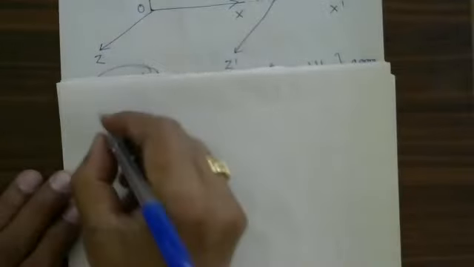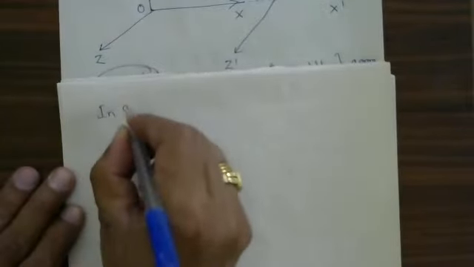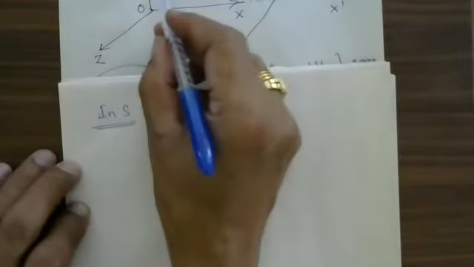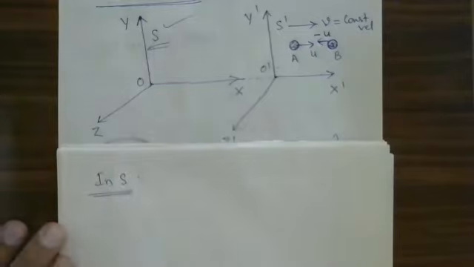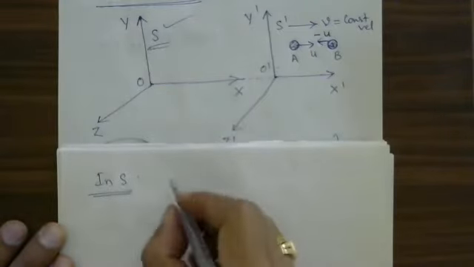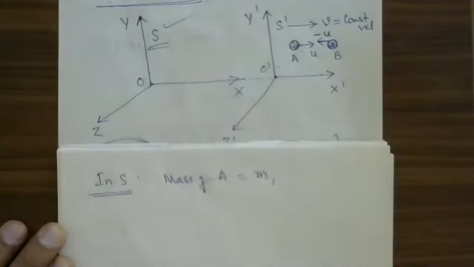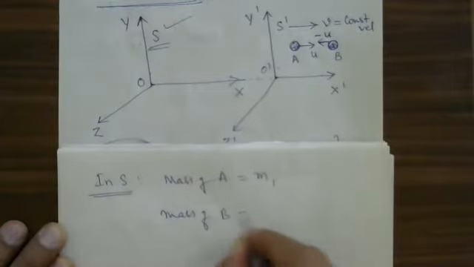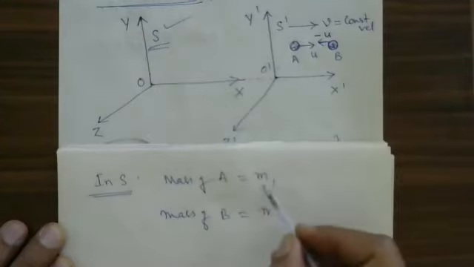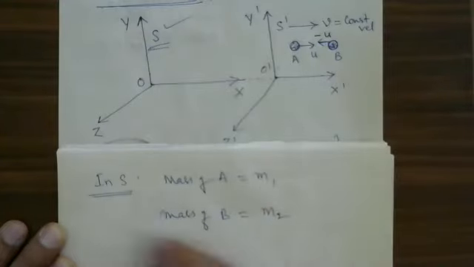Now I am going to consider the frame of reference S. In this frame of reference, mass of A is equal to M1, mass of B is equal to M2, in the frame S.